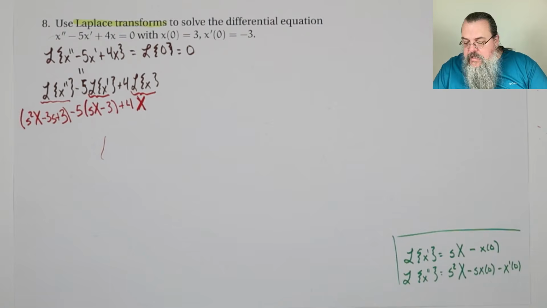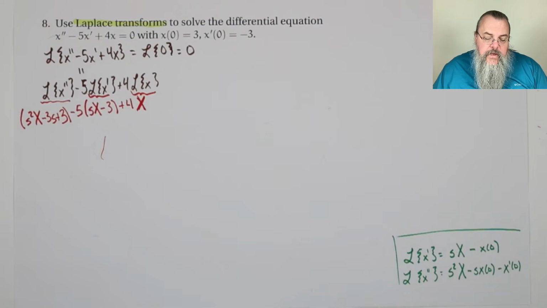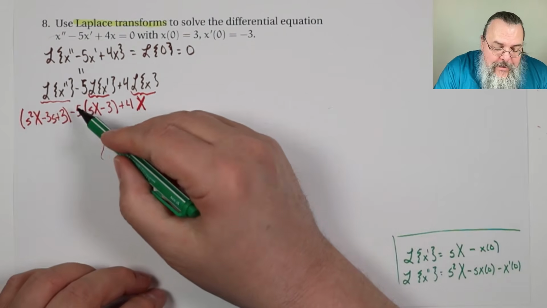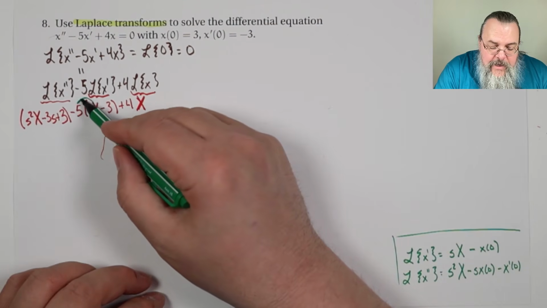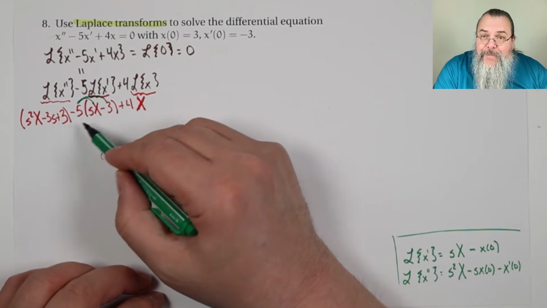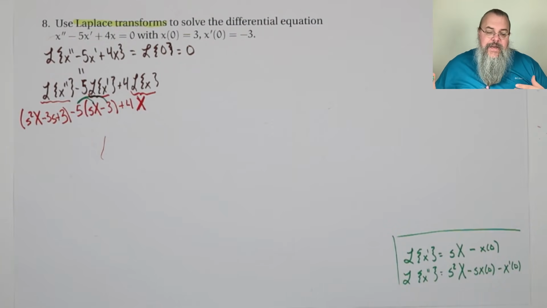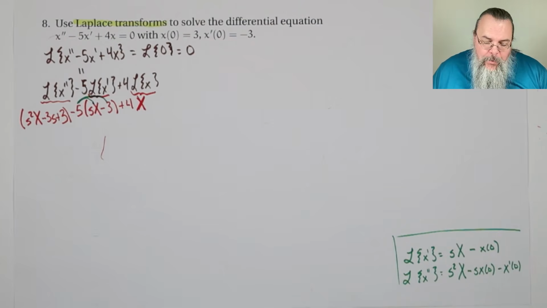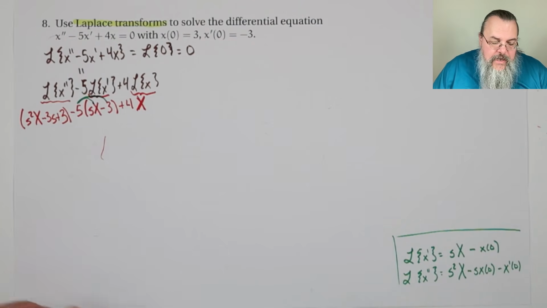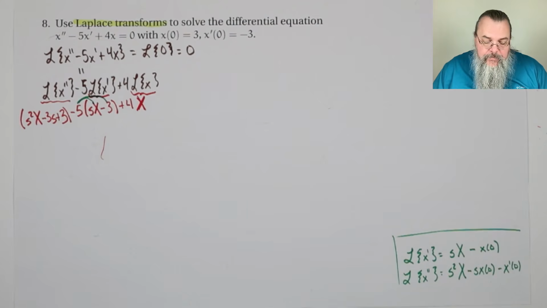Now, the next thing to happen is we're going to put things together. So I'm going to be very careful and distribute. Don't forget parentheses. They're our friends. They help us make sure we get everything. And so what do we have when we put all of this together? Well, let's look at the things which involve x.